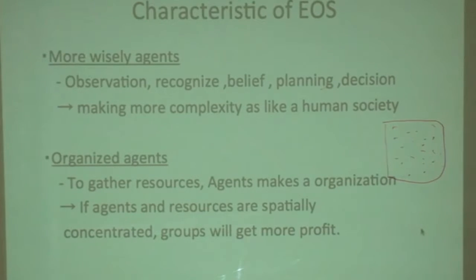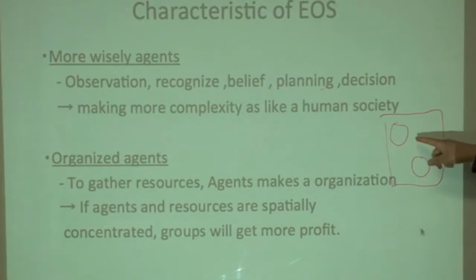Agent action: gathering resources solo is more effective if resources are richly spread, but if resources are not sprinkled widely, agents gathering in an organization can gather resources better than acting solo. So these are the characteristics of EOS.